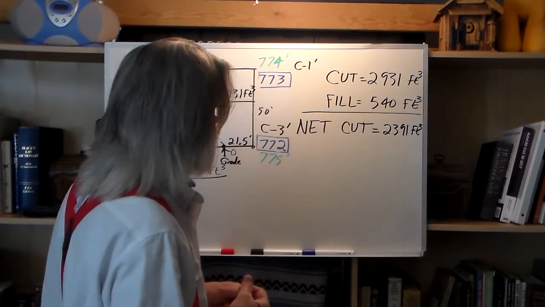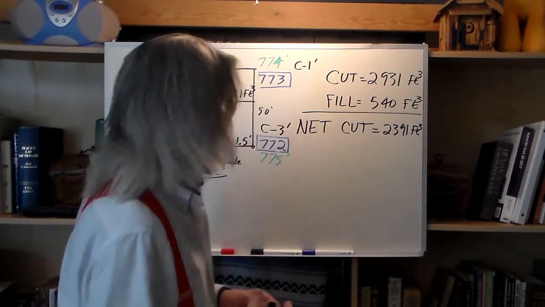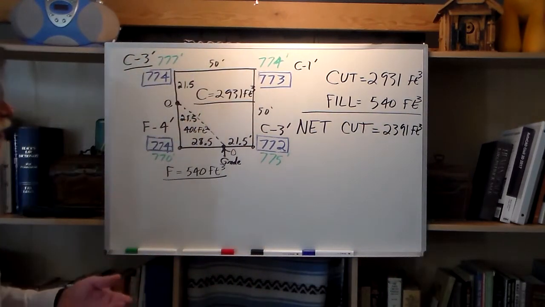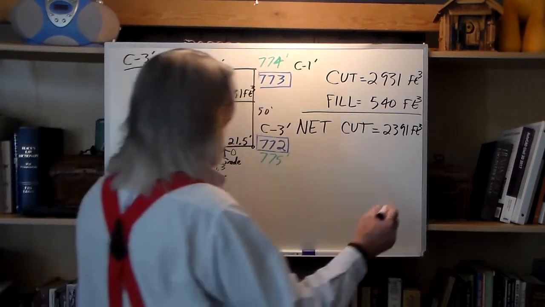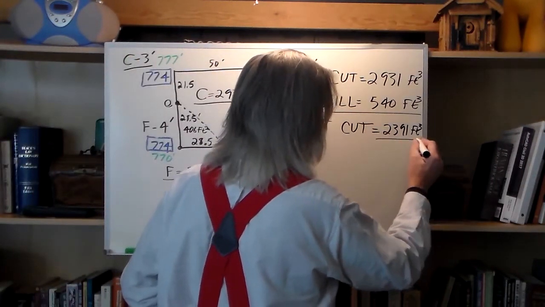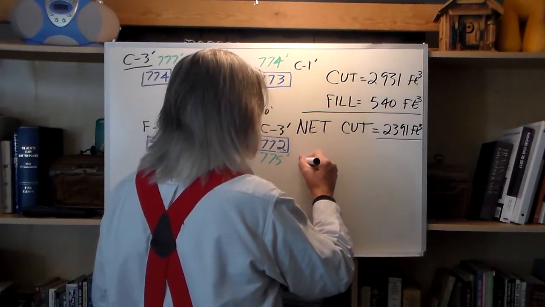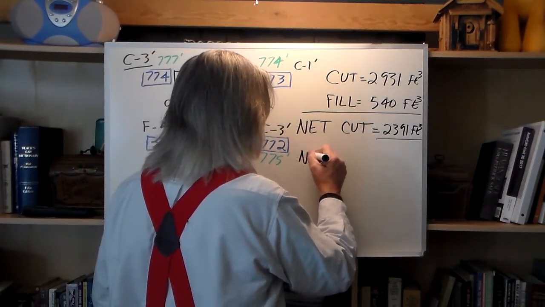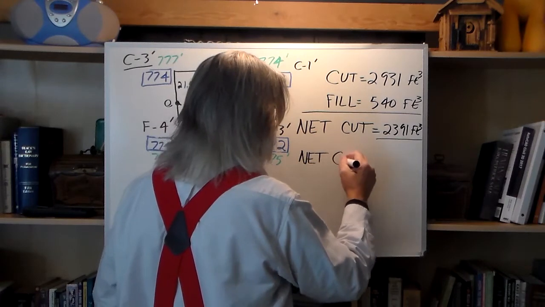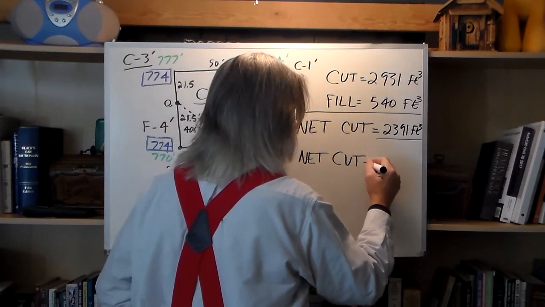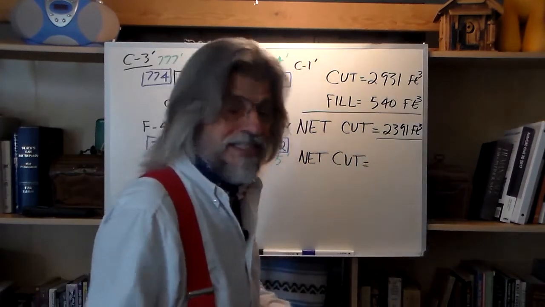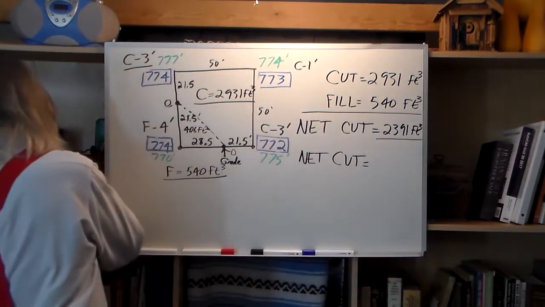Doing math in the head sometimes gets to be a challenge, especially when you're talking to the camera and doing other things. But we have a net cut of 2391 cubic feet, which means we have a net cut in cubic yards. We got to divide that by 27 to come up with cubic yards.